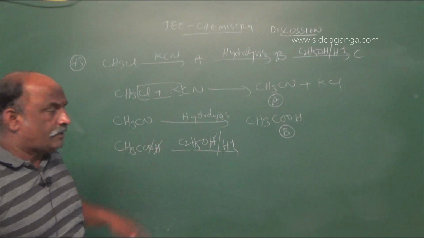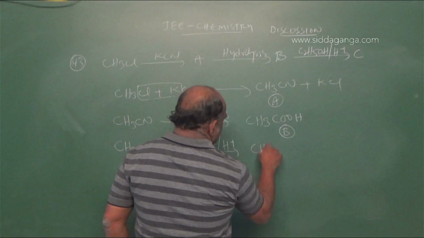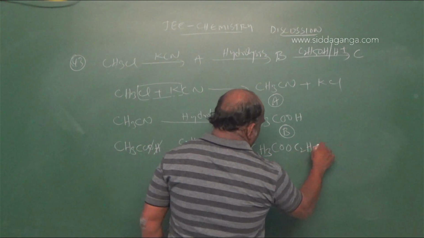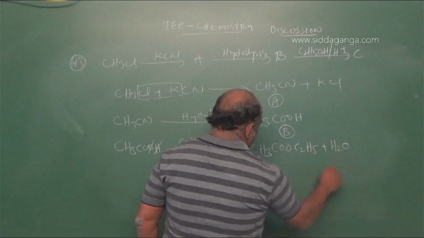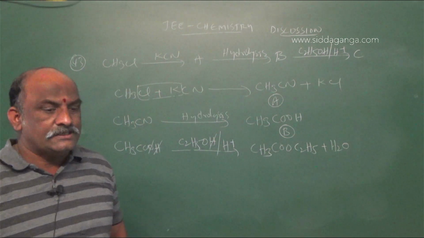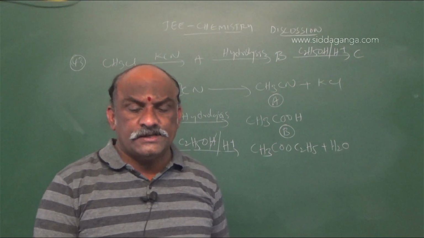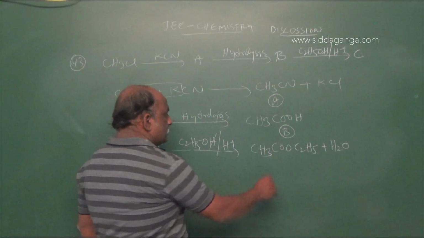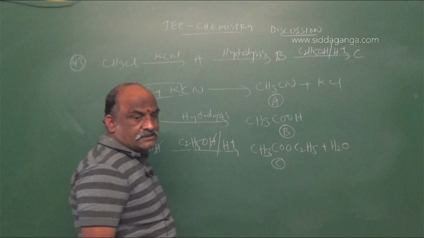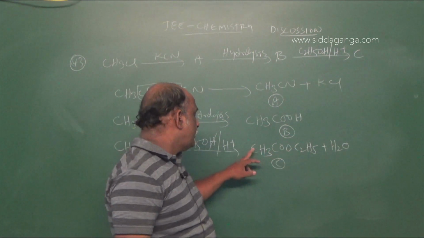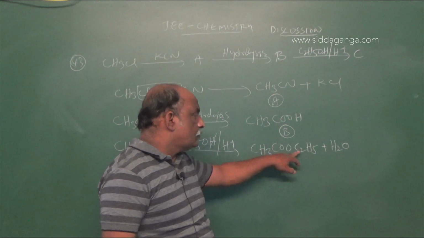The answer is CH3COOC2H5 plus H2O. This is esterification. The third reaction is esterification. So C is CH3COOC2H5, which can be written as CH3CO2C2H5.